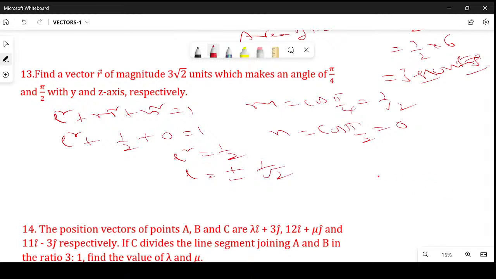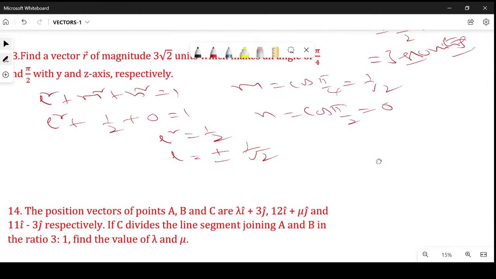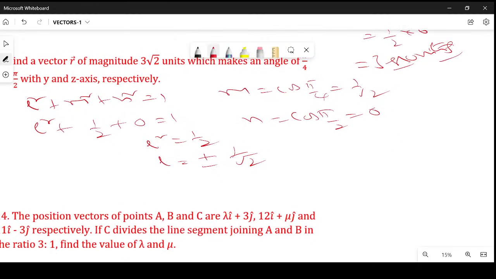What is the required vector r bar now? The magnitude is 3 root 2 units. They are asking for the required vector r bar.